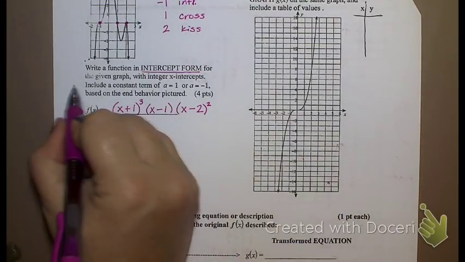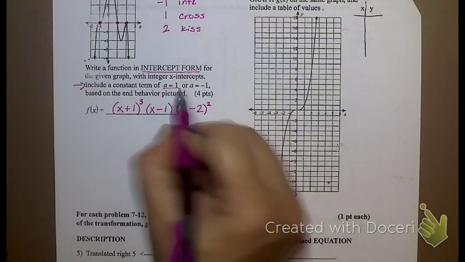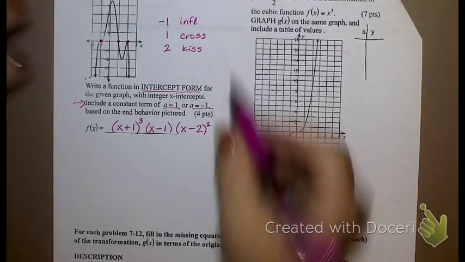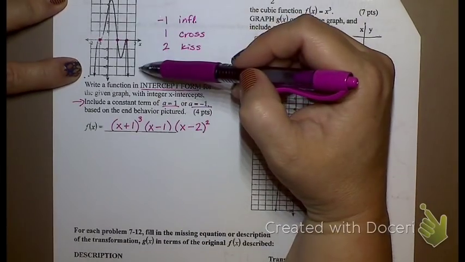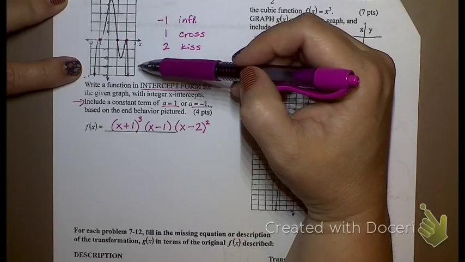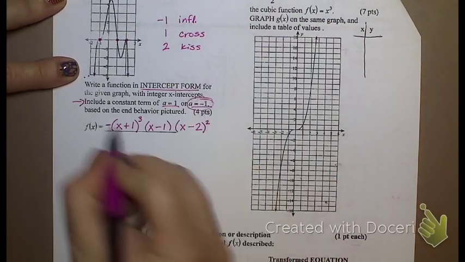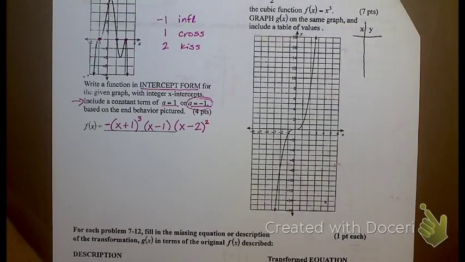Now it says include a constant term of a equals 1 or a equals -1 based on the end behavior. Based on the end behavior in this picture, what does my leading coefficient need to be? -1. So just throw a negative there and you're good to go. That's all it means.